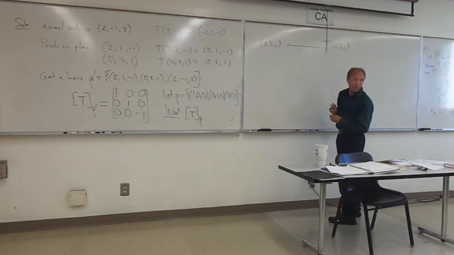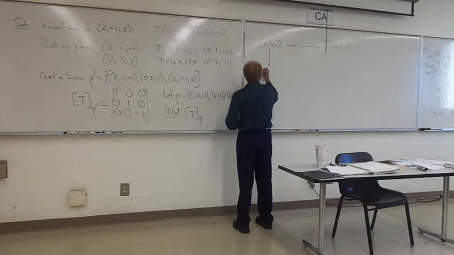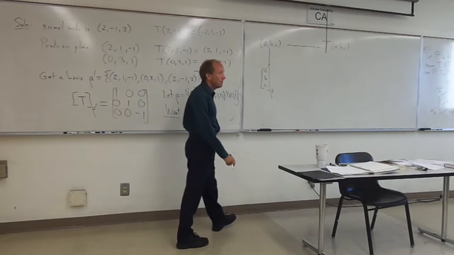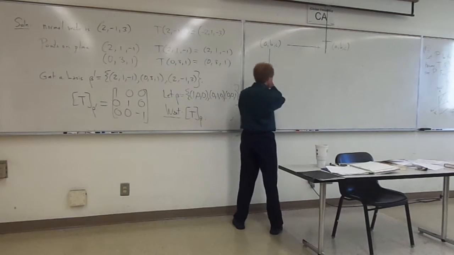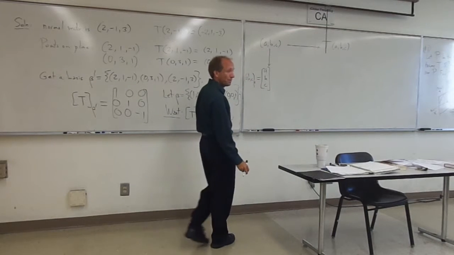This is what we want. So the way we're going to do that is we're going to start by going to the coordinate vector, which is (a, b, c). Now that's with respect to beta, right? Actually, let's start it this way. That column right there, that is just (a, b, c) with respect to beta.